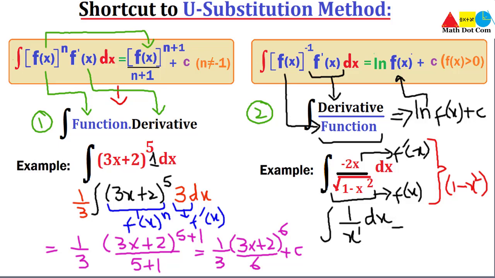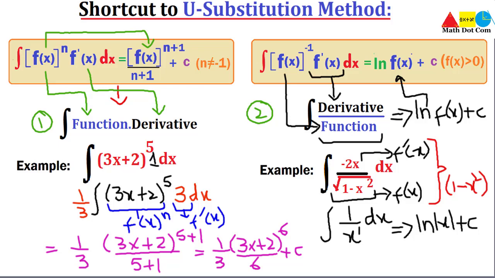So we just write straightaway, it is natural log of x plus c. Keep this in mind that whenever you apply this shortcut, the function in the denominator should have the power equal to 1, and if you move that function to the numerator, it should be equal to -1. That is, it gets inverted as you move something from the denominator to the numerator.